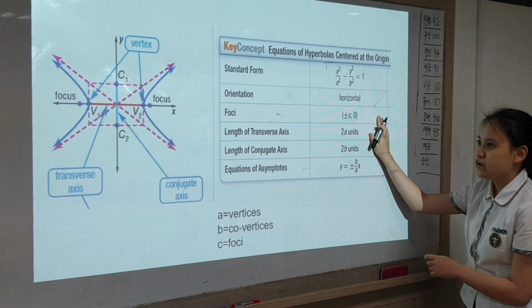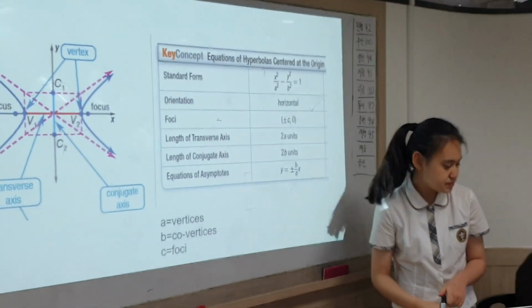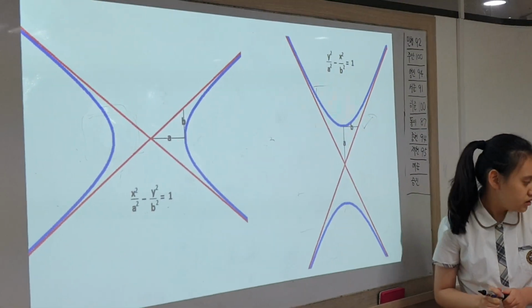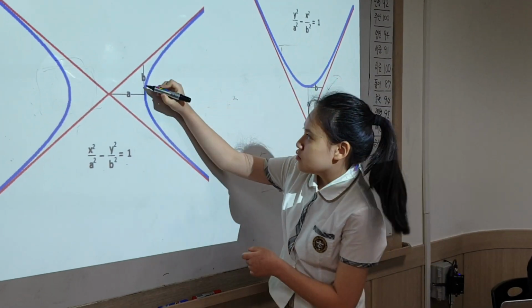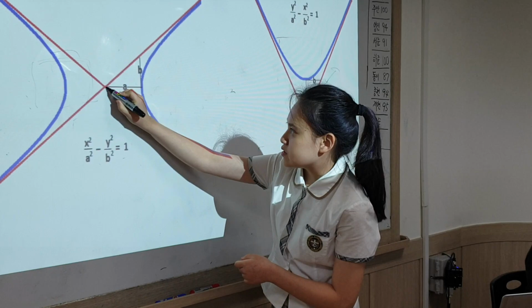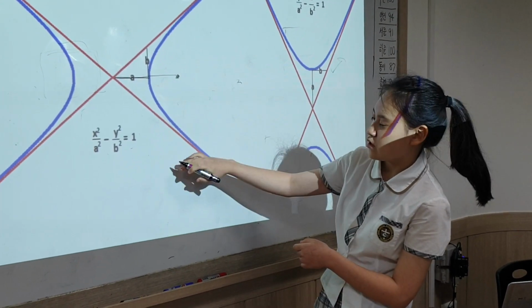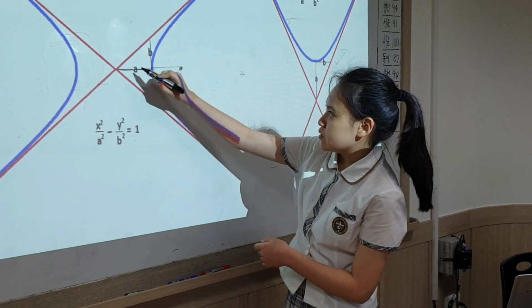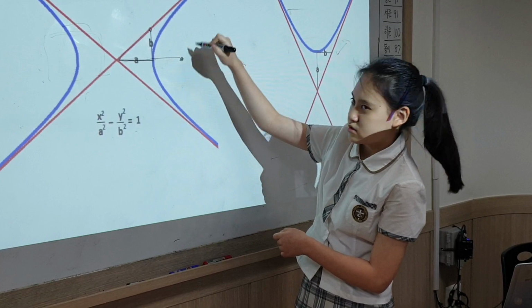And for the foci, let's see this point. The foci always lie here if it's vertically, which will be the same as this point since this is the circle.